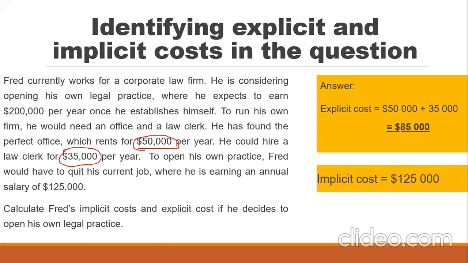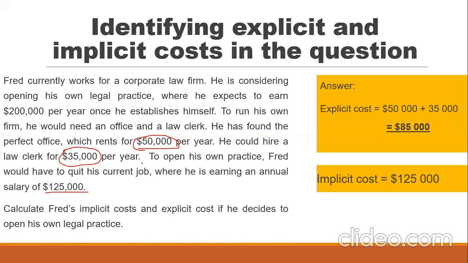And we are also asked to calculate our implicit cost. As I said, implicit costs are opportunities forgone, the cost of giving up something. In this case, it says that Fred would have to quit his current job, meaning that he is going to give up his job. So the cost of giving up the job is our implicit cost. He is earning an annual salary of 125,000, meaning that Fred will have to give up the 125,000 in order to establish his own law practice, right?